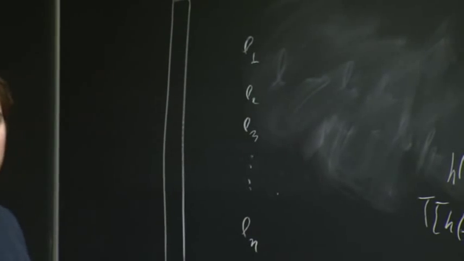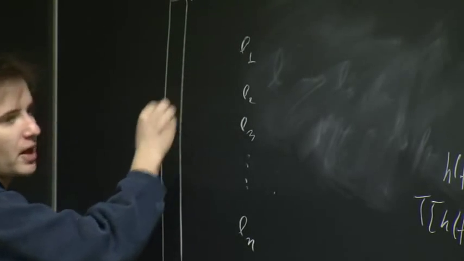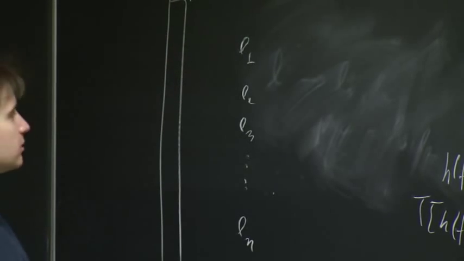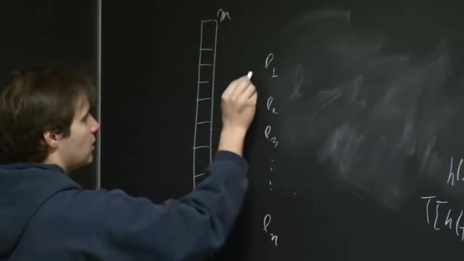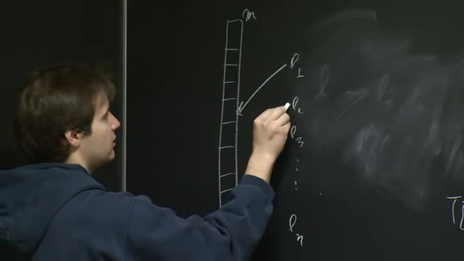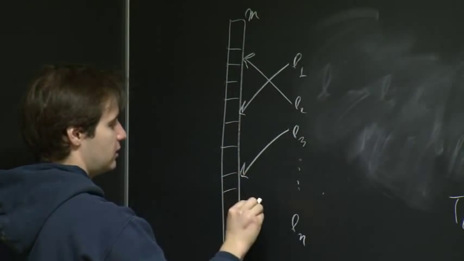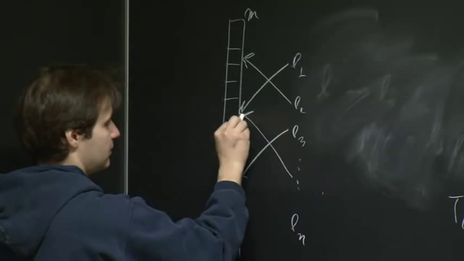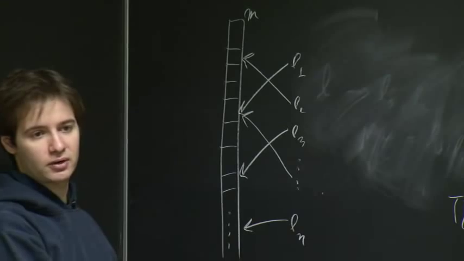How do we put them in the table? We hash each of them, and each of them maps to a random slot in the table. Right? So if these are the slots, then E1 might map here, E2 might map here, E3 might map here, E4 might map here, and so on and so forth. So I have arrows, right?